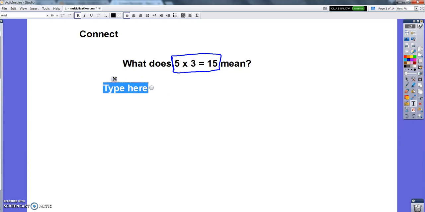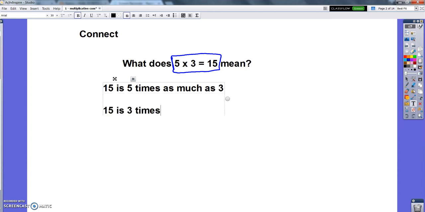One is that 15 is 5 times as much as 3. And similarly, it also means that 15 is 3 times as much as 5.